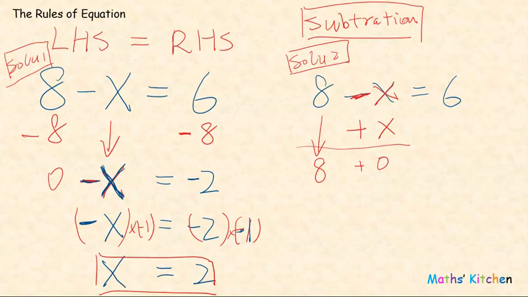Now, in the right hand side, because left hand side, you plus x, that's why right hand side, you need to do the same, plus x. So in this case, 6 plus x becomes 6 plus x. Now, you need to remove the x. That's plus x.